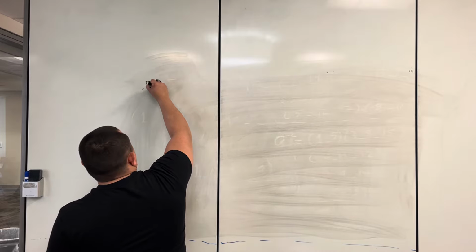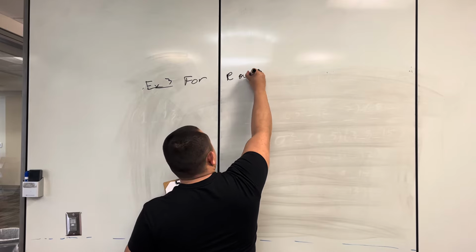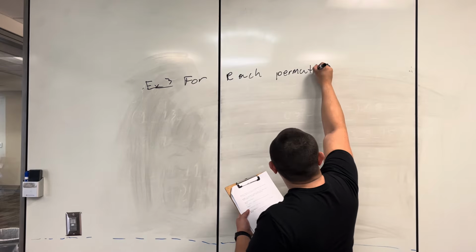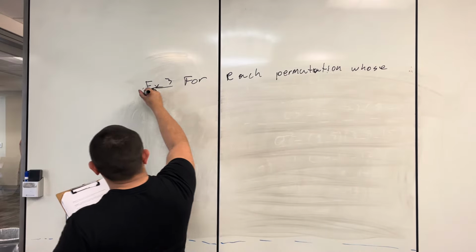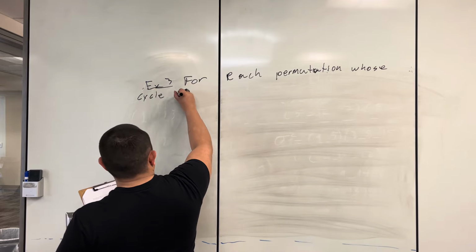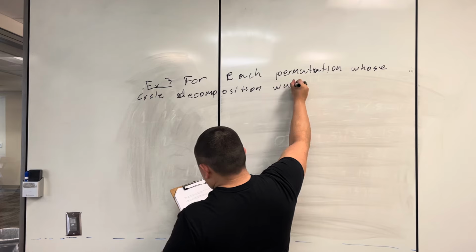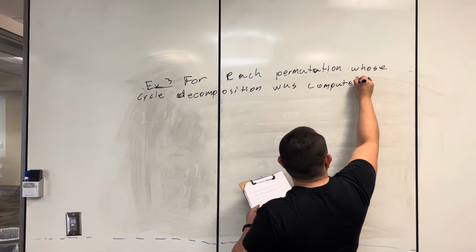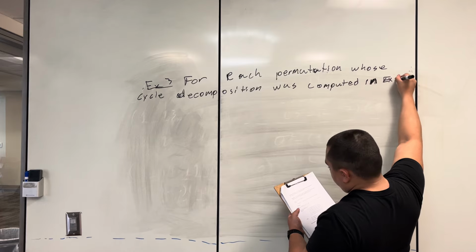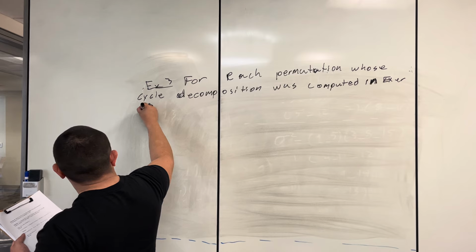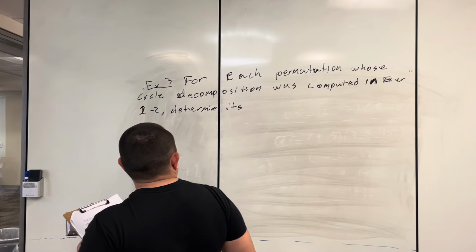So exercise 3, we have, for each permutation whose cycle decomposition was computed in exercises 1 and 2, its order.